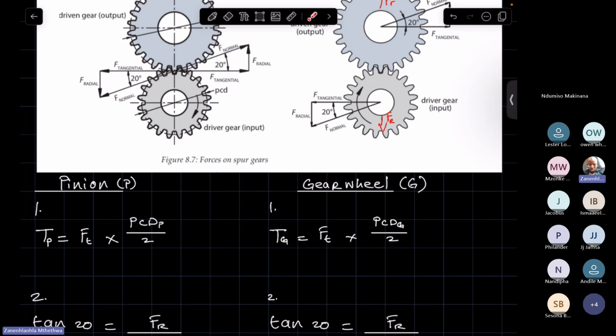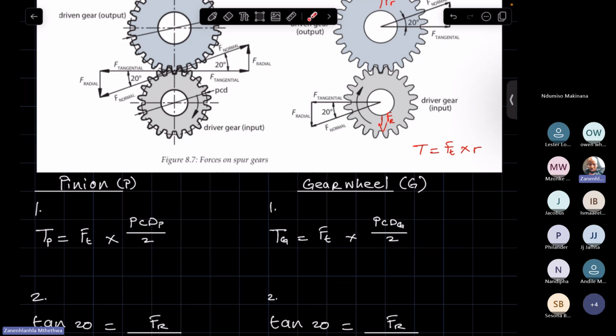As you know, the general formula for torque is force times R. For gears, this F is the tangential force, the total force applied. Essentially, for both the pinion and gear wheel, this will always be the same, meaning the only quantity that influences torque is the radius.